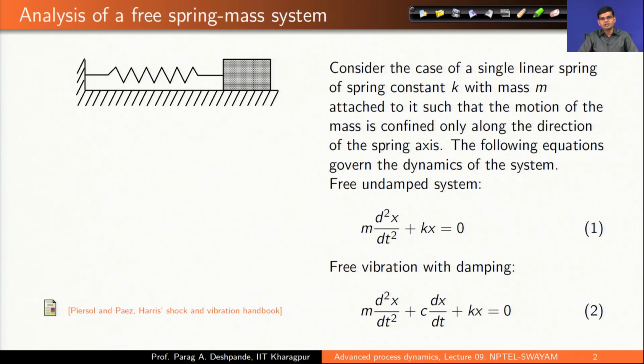For example, in a lot of Bourdon tubes for measurement of pressure, you would have observed that the gauge is fitted with oil, and that is because the system has a tendency to oscillate, to vibrate, and to suppress those vibrations oil is put. So, that it is a viscous damping effect which we want to put in there, and in all these three cases the governing equation remains the same.